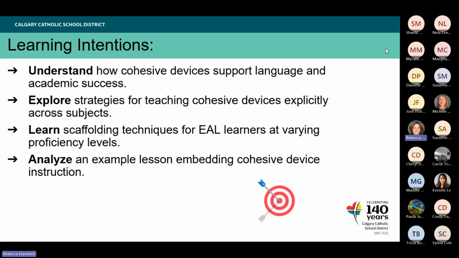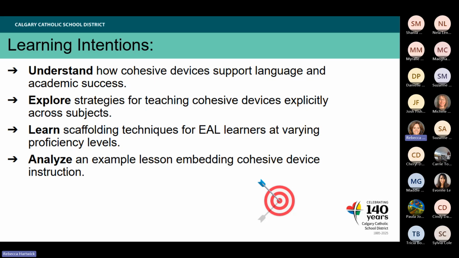And the last thing I wanted to speak about is that when we're speaking about cohesive devices, we're talking about it when students are speaking as well as when they're writing. So I'll be talking about strategies that are useful for modeling how students respond verbally, because as we know, our language develops more quickly verbally than it does in our writing.